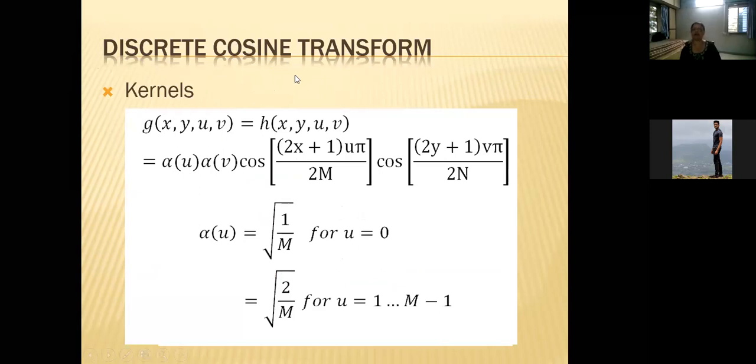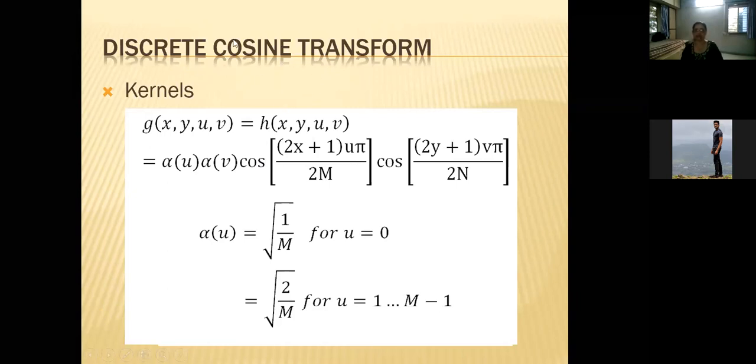There is no e raised to minus j term. Cos terms indicate in-phase components, and hence this discrete cosine transform is real in nature.